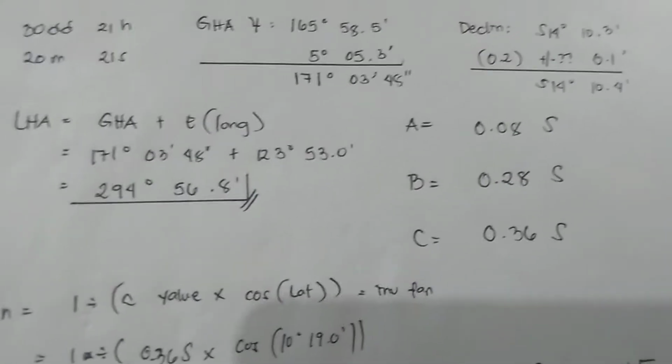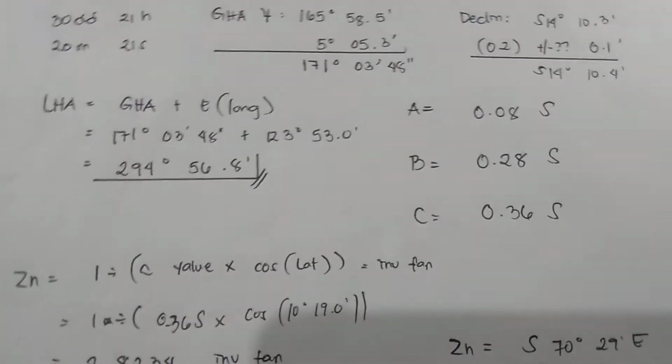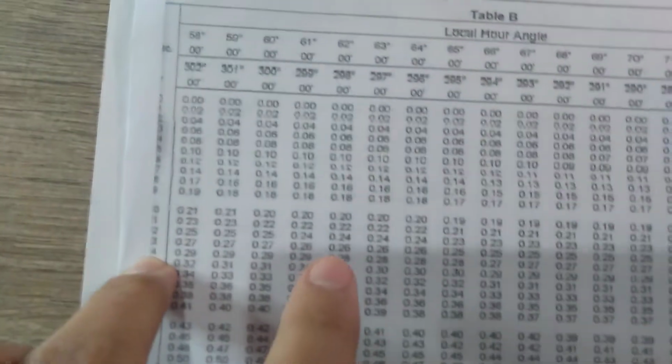And for the B, we use the declination and the LHA. The declination here is 14, and the LHA is 295.